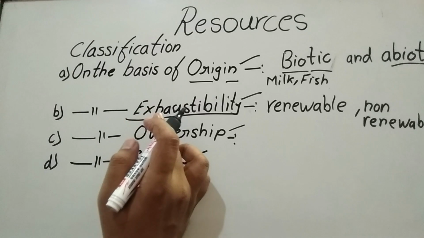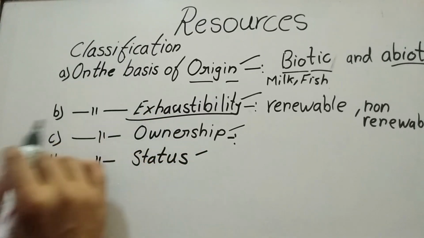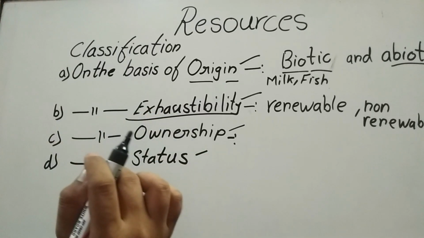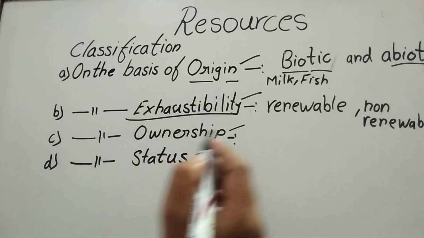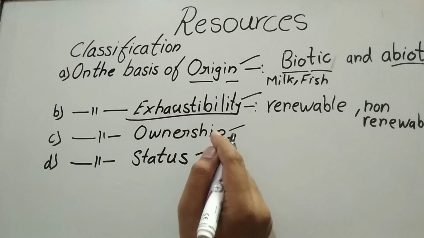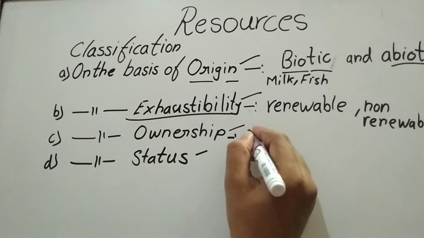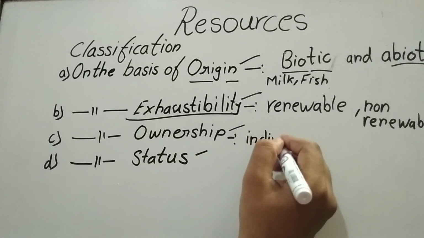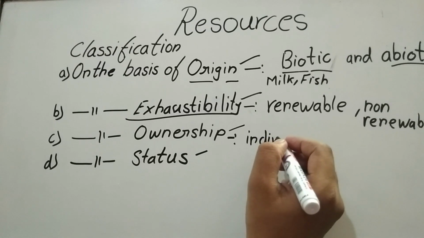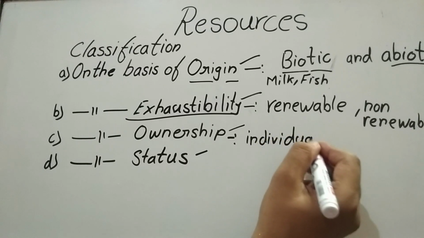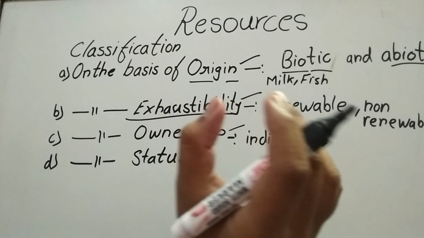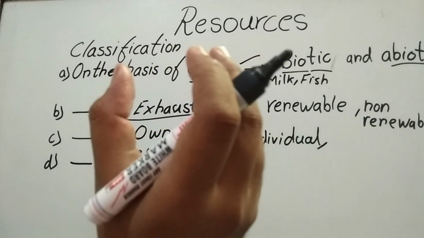Then we look into the third classification, on the basis of ownership. On the basis of ownership, we find the following classification: individual ownership, the resource which is owned by a single individual.